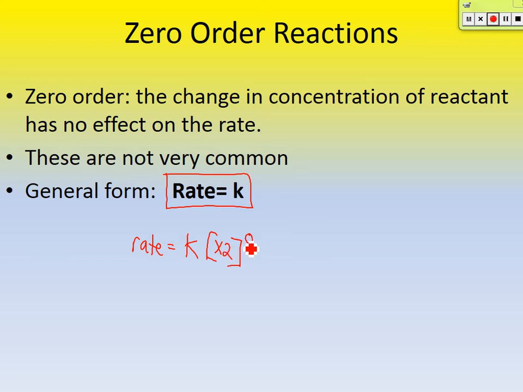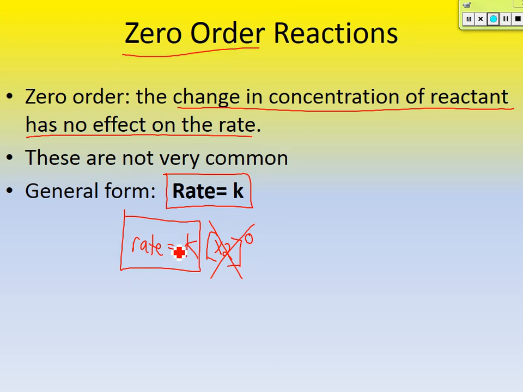But if I raise it to the 0 power, because it is a 0 order reaction, how is that going to change the rate? Yeah, what is something raised to the 0 power? It's equal to 1. So this isn't going to change the rate. And so that's why it says here, the change in the concentration of the reactant has no effect on the rate. And when you write the rate law, if it's to the 0 power, a chemist would never write it to the 0 power. They just leave this term off. And so the rate is equal to K, the rate constant.